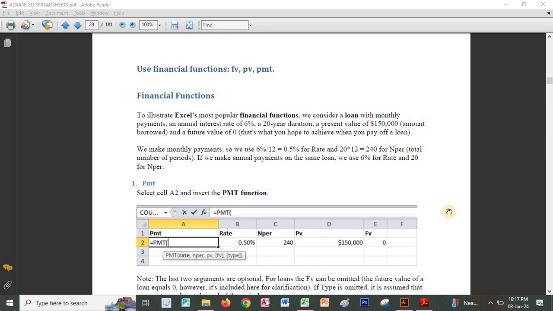We have 20 years, and since it's monthly payment, we multiply by 12 to know the number of months that we are going to pay off that loan. And the number of periods is what we have gotten after we have multiplied 20 by 12.